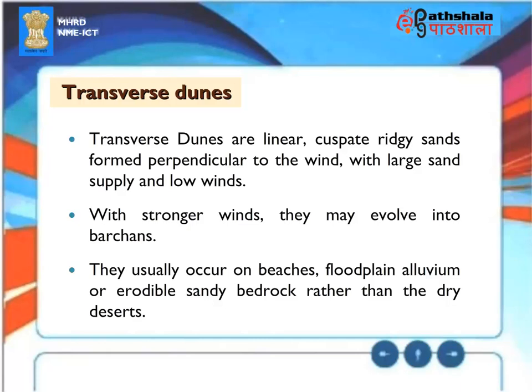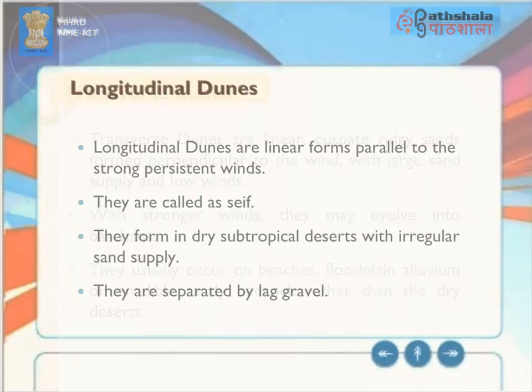Transverse dunes are linear, cuspate, ridgy sands formed perpendicular to the wind with large sand supply and low winds. With stronger winds, they may evolve into barchans. They usually occur on beaches, floodplain alluvium, or erodible sandy bedrock rather than the dry deserts.